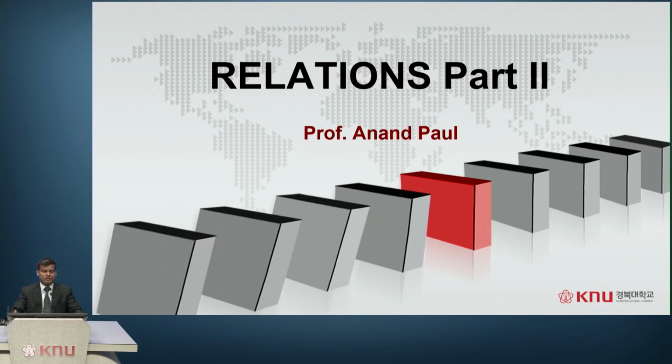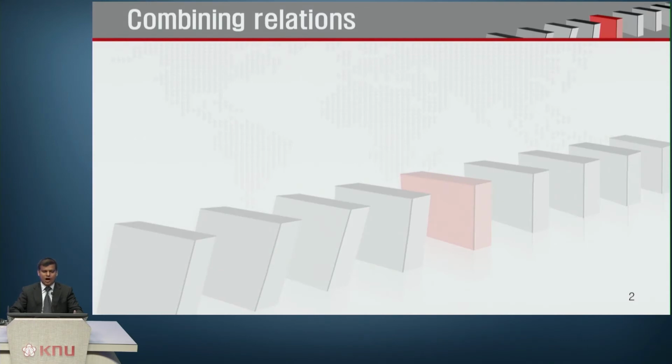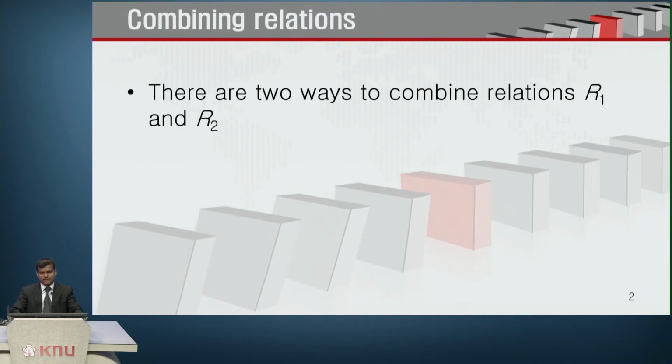Today we are going to see what happens when we combine various properties of relations, and we are going to examine how we can represent these relations in different forms, for example a matrix. Let's see how we can combine these relations first.